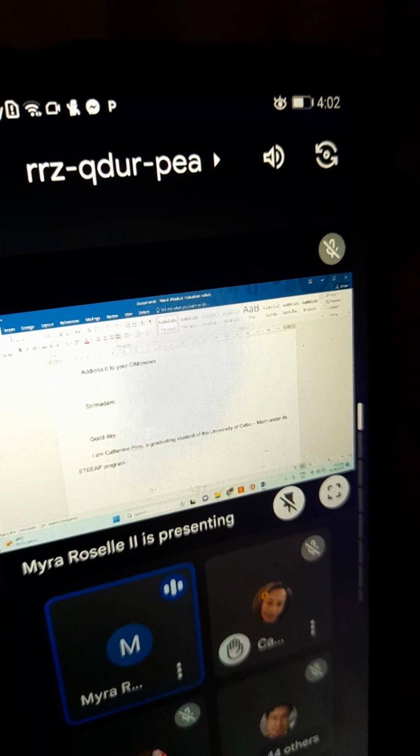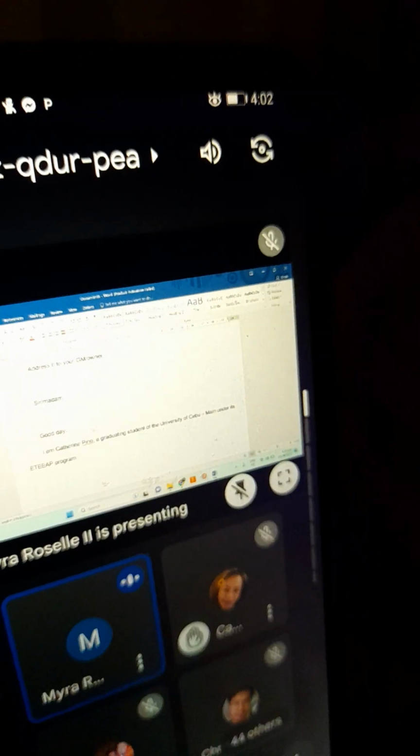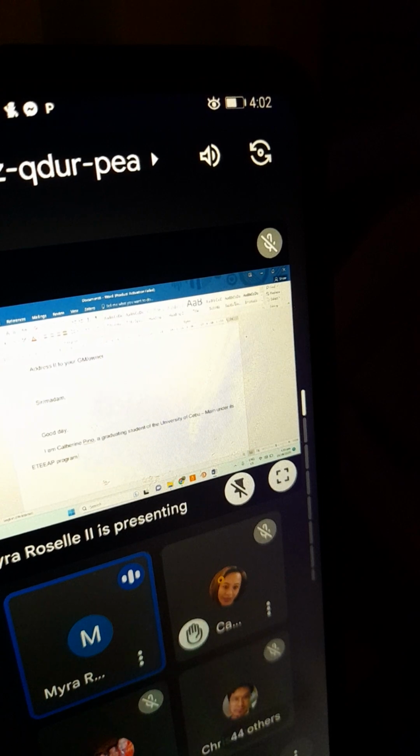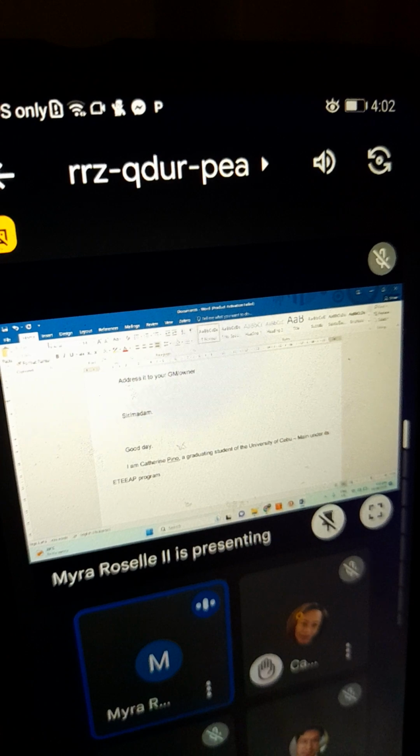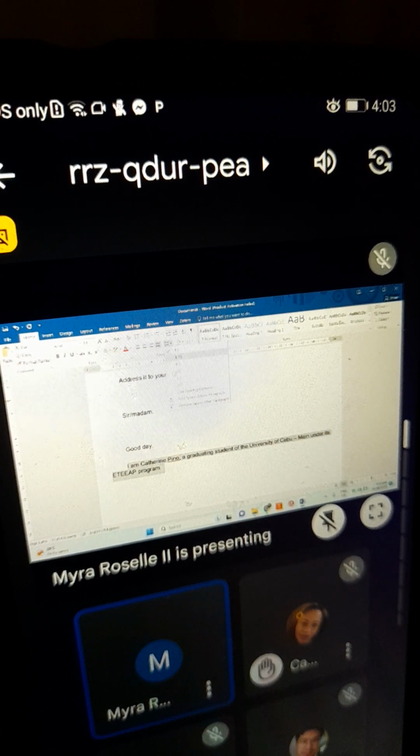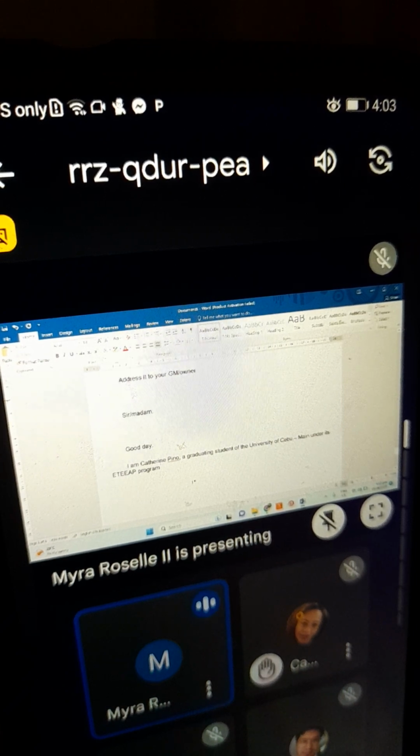If only you had English 5, which I usually handle, this would be the first activity that you're going to write, the transmittal letter. Okay? Since you don't have English 5 anymore, I will just teach you how to do the transmittal letter. I am Catherine Pino, a graduating student of the University of Cebu, Maine.